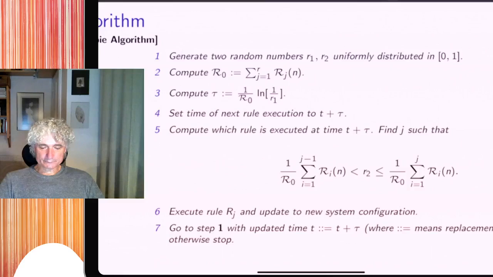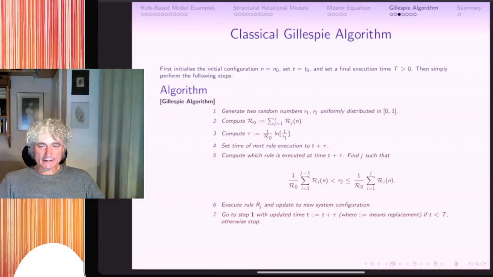And also remember that of course the labeling of the rules is completely arbitrary, so they are not ordered in any way. Okay, so this is the classical Gillespie algorithm.